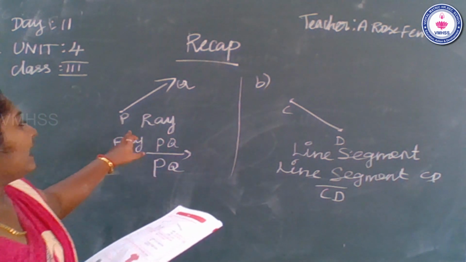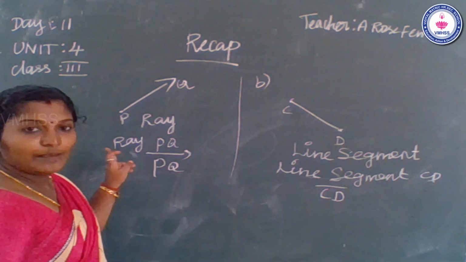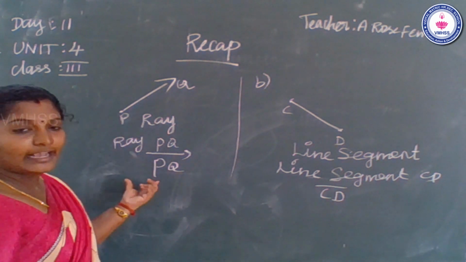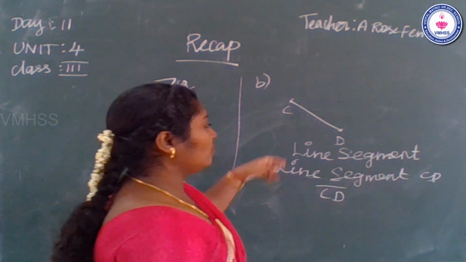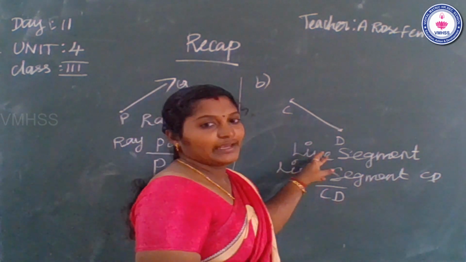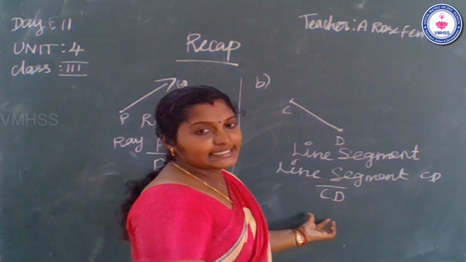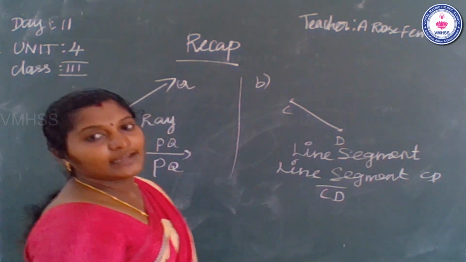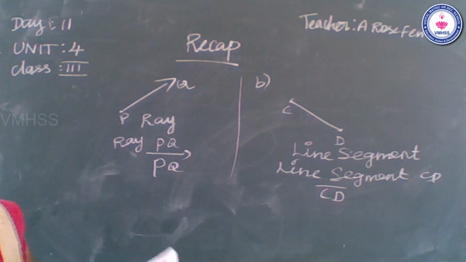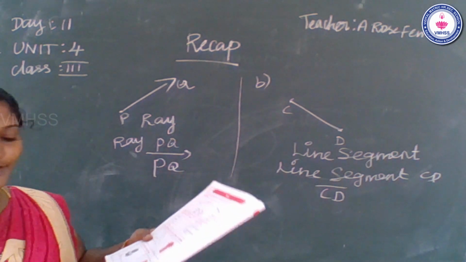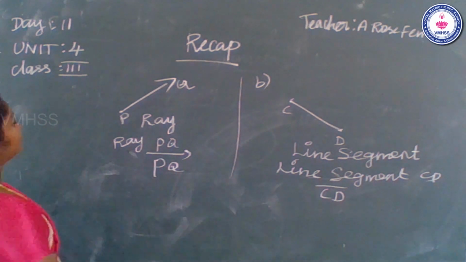This is a ray, its name is ray PQ and this is its symbol. The second is a line segment CD and this is its symbol. Second and third are homework for you.